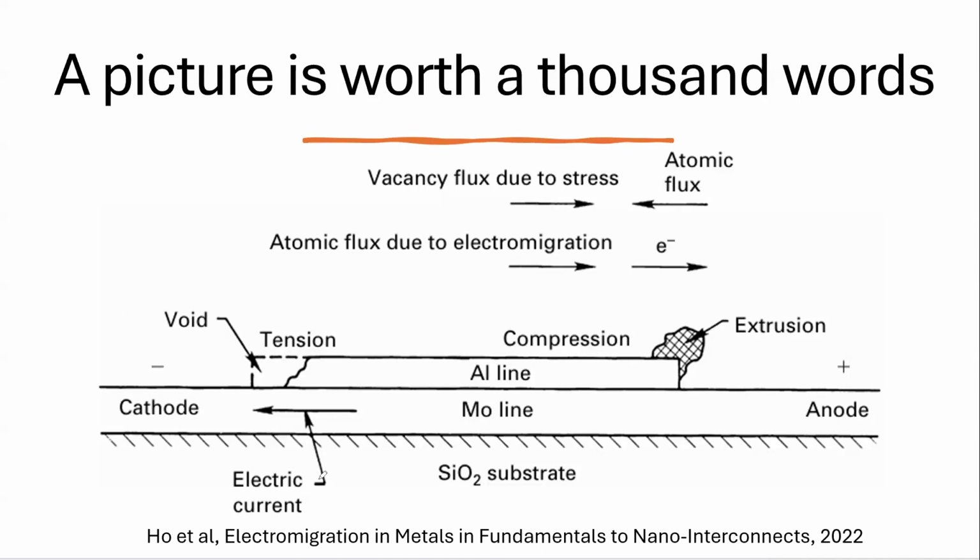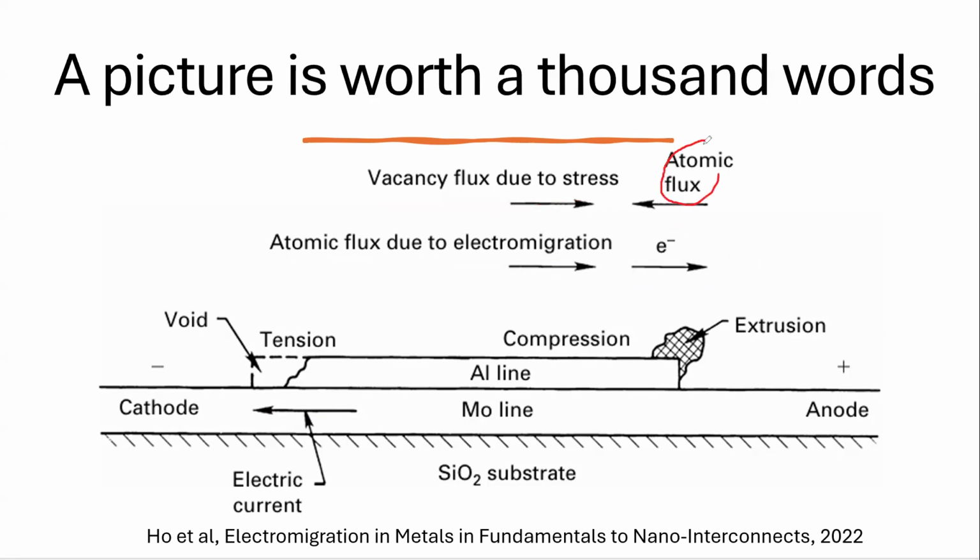So when you see the electron current going this way, this is the regular current, this current goes to the left side, the electron current goes that side. Then the atomic flux due to electromigration will move with this. But the vacancy due to stress will go the other way around.